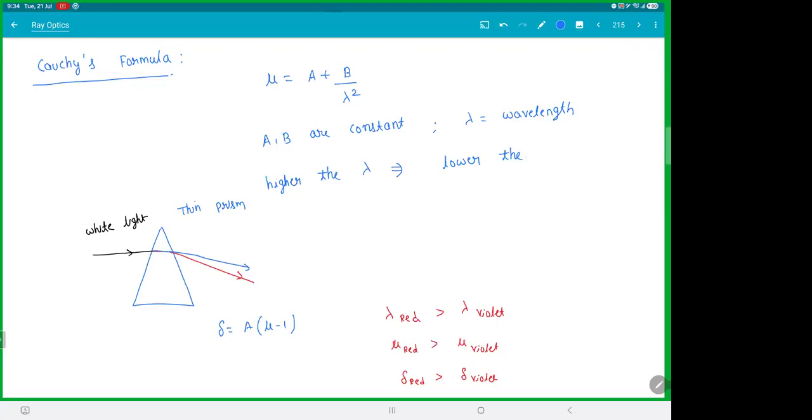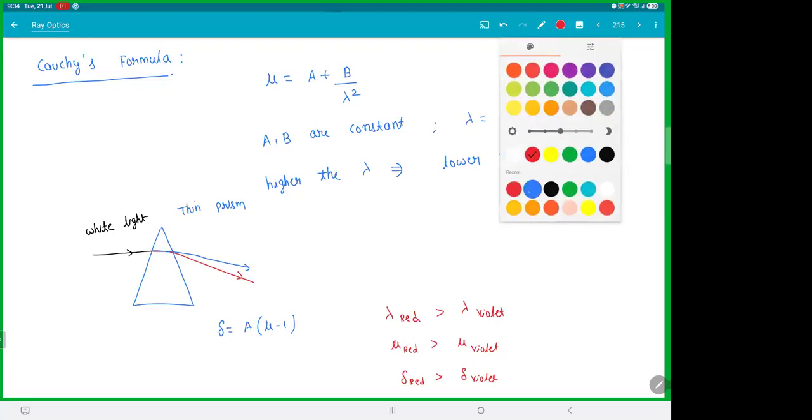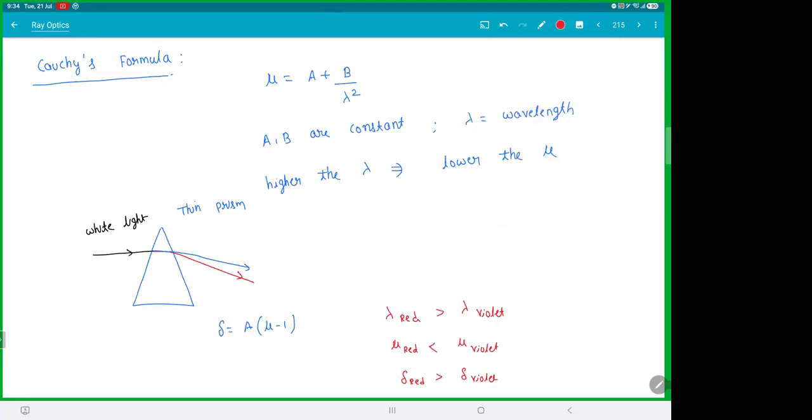It is in denominator, it is 1 by lambda square. Therefore, if lambda red is greater, this is reverse. So your blue will deviate more, the red will deviate less.